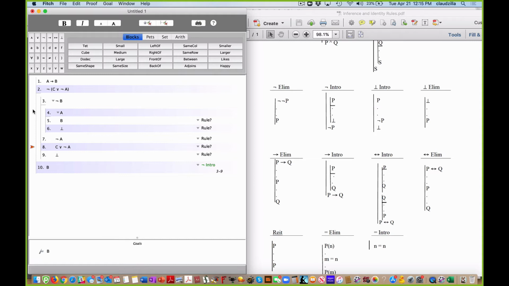Would you find that number 8 resonates with you more if we had done this instead? Still the same. Right.